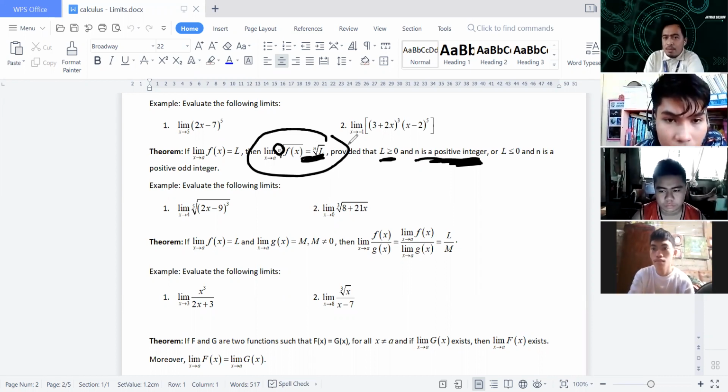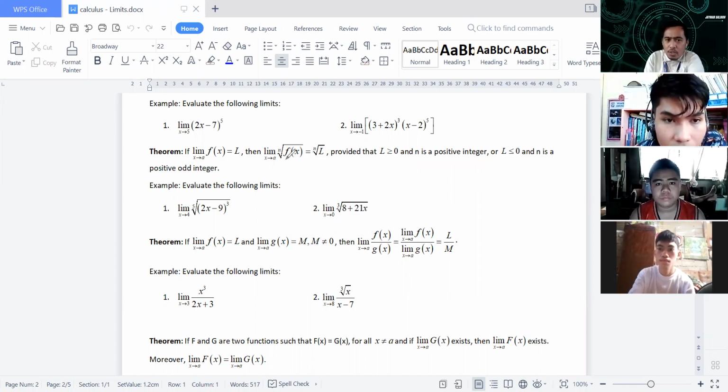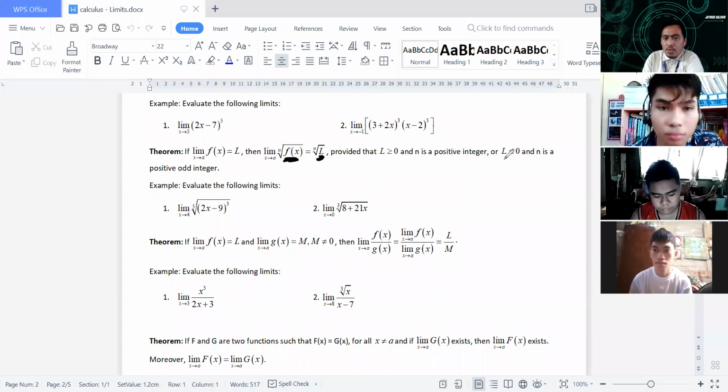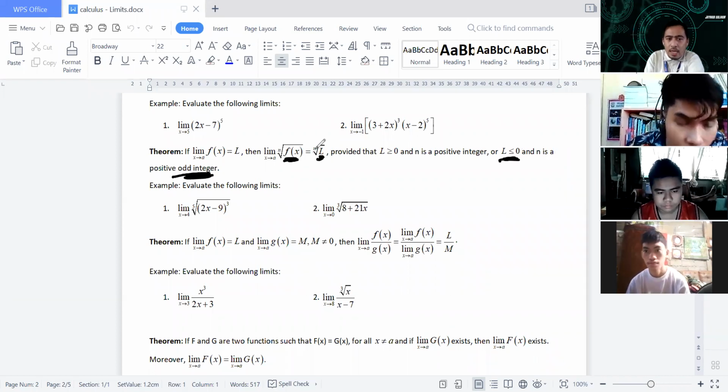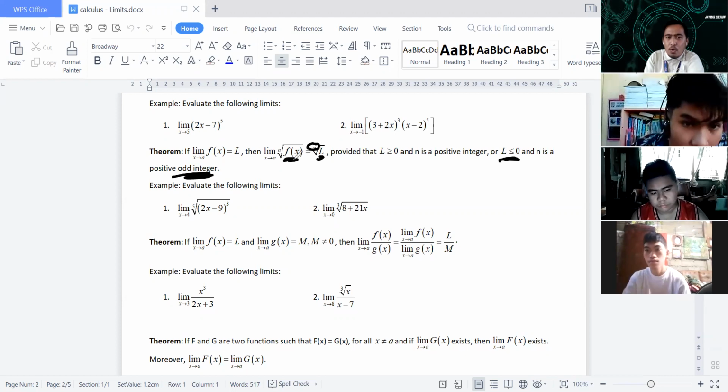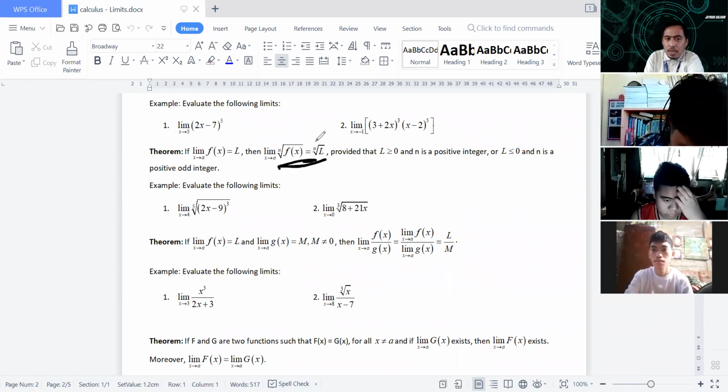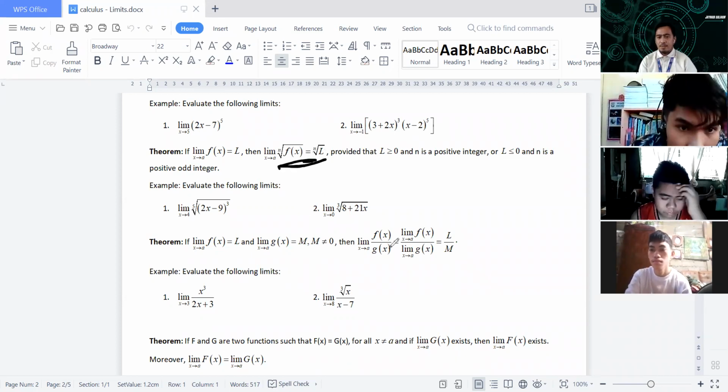Clear? And the second case: if L is less than 0 and your n is a positive odd integer, this will work. But if n is even, it will not work.